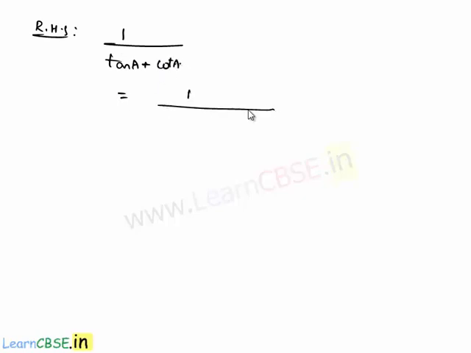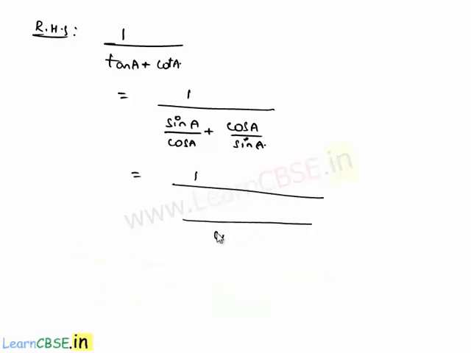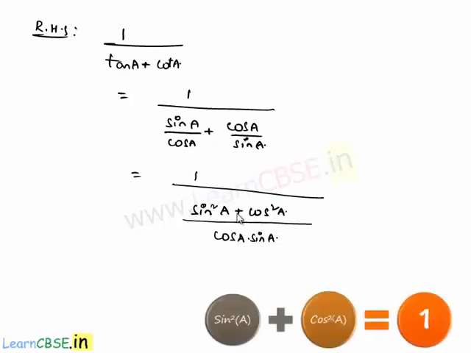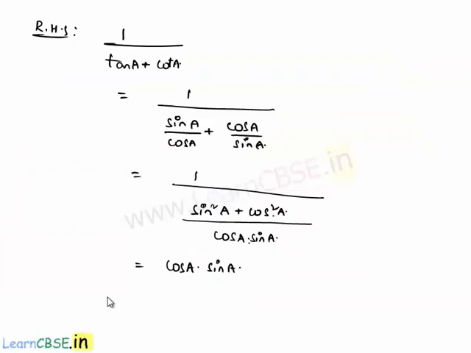which is equal to 1 by, tan A can be written as sin A by cos A, plus cot A can be written as cos A by sin A, which is equal to 1 by, let us take here LCM as cos A into sin A, then we get the numerator here as sin square A plus cos square A. As we know from the identity that sin square A plus cos square A is equal to 1, and by sending this denominator to top it becomes cos A into sin A, which is the simplified form of RHS.